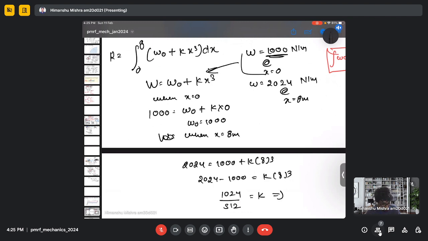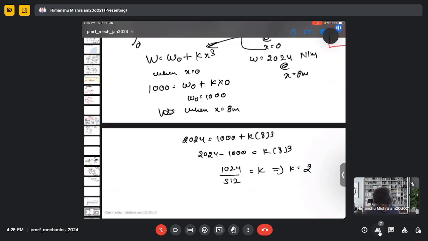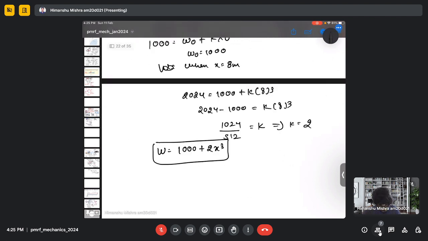So my k will be 2. So now the expression we have is W equals 1000 plus 2x cube. So this is the equation we need to integrate.